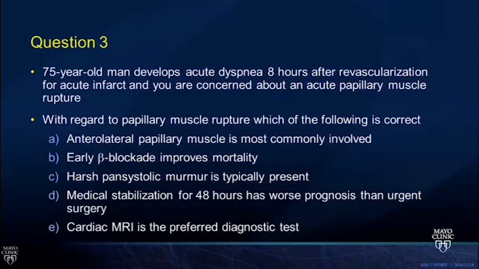So either an anterolateral papillary muscle is the most common etiology, early beta blockade improves mortality, a harsh pansystolic murmur is typically present, medical stabilization for 48 hours has worse prognosis than urgent surgery, cardiac MRI is the preferred diagnostic test. So which is correct if this guy really does have a papillary muscle rupture?